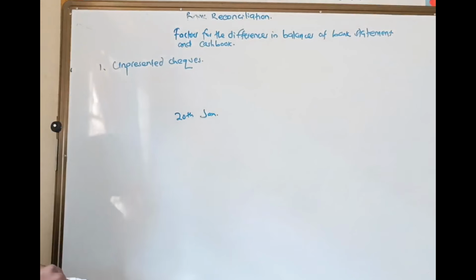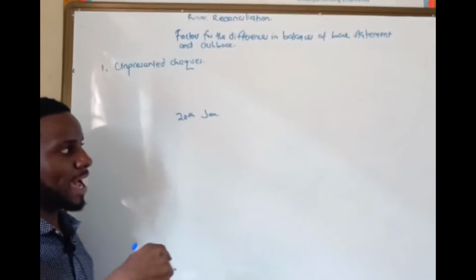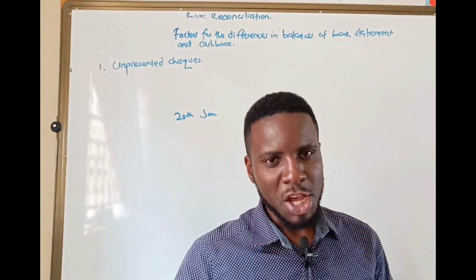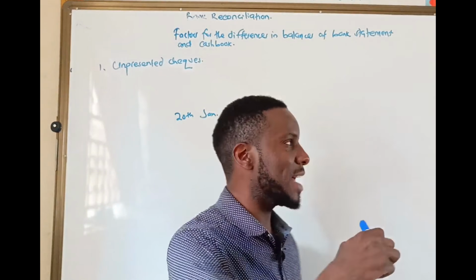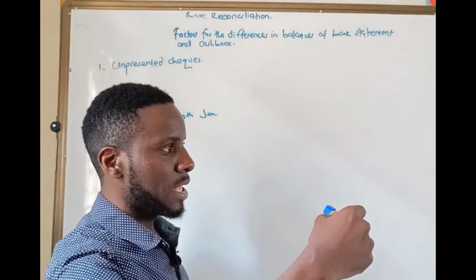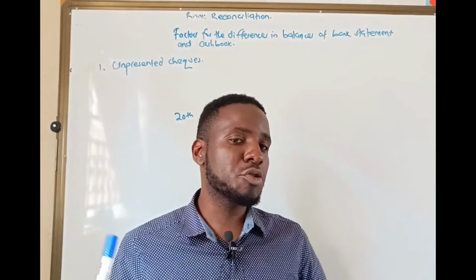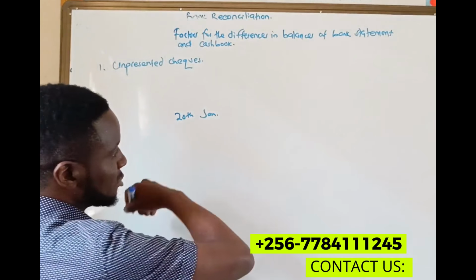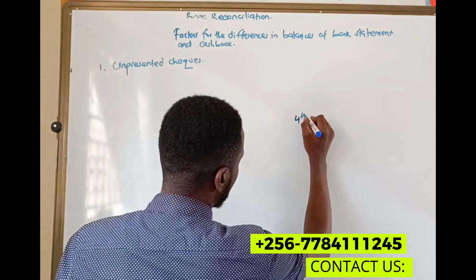You go to your cash book and you credit it as at this date. Now, this person you have given the check to go and withdraw that amount of money from your bank account does not go there until maybe the 4th of February.